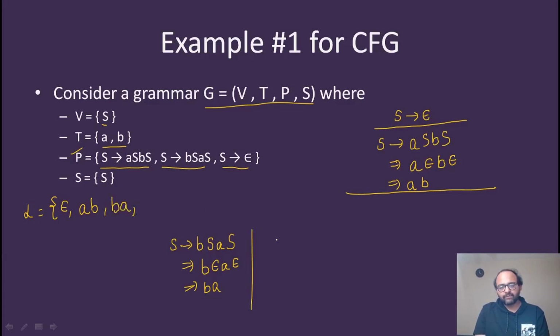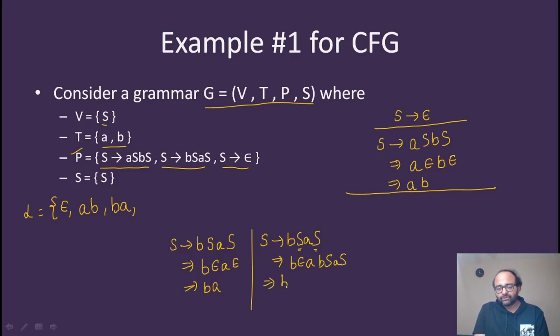Similarly, we can generate another string from bS, aS. First, I will substitute the first S as epsilon, and the second S is substituted as bS, aS again.